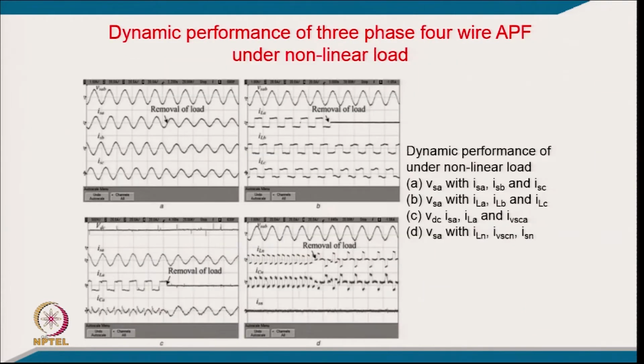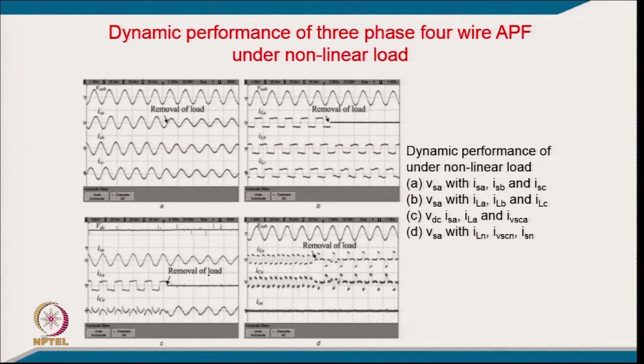And this is the dynamic performance. You have the 3-phase grid current and a 1-phase load is removed here, and this is the load current where 1 phase load is removed. Here are the DC link voltage, the grid current, the load current and the compensator current, or you can call it the shunt active filter current. Till the load was there, you will see how the currents are nonlinear, and the difference of these two currents is fed by the shunt active filter.